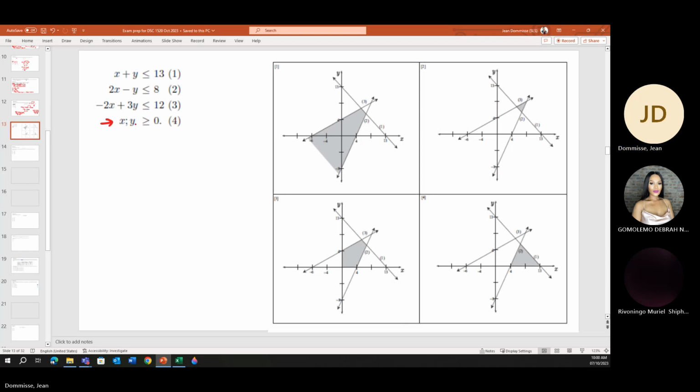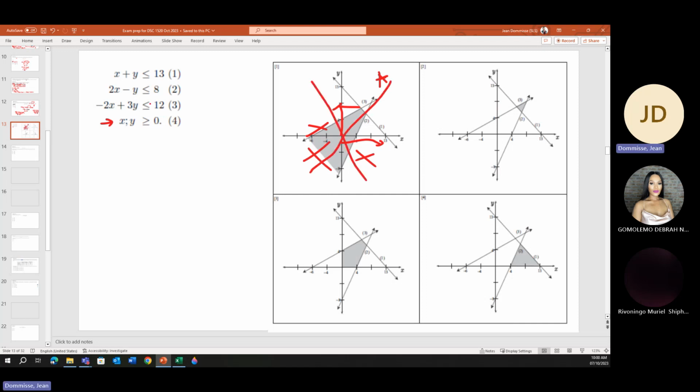So they tell us that the x and the y must always be positive. Okay, so x and y must always be positive. So we're only working in this quadrant. Here x is negative, here y and x is negative, here y is negative. So we can't work with this one.